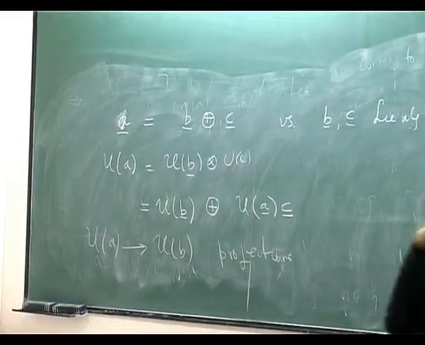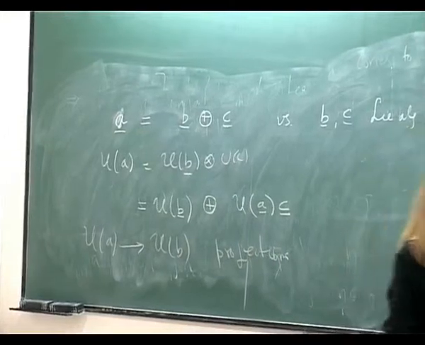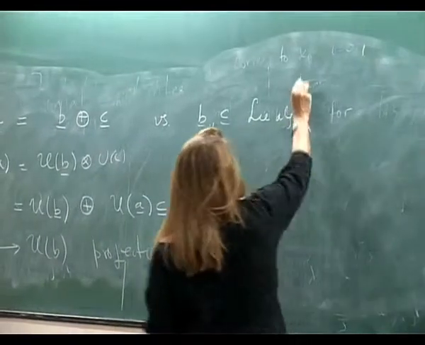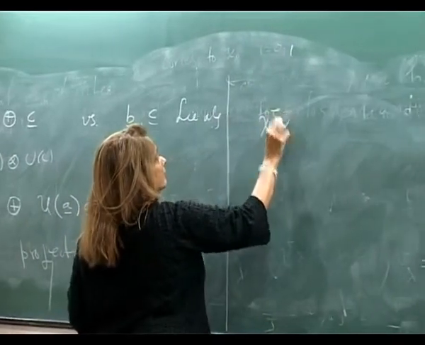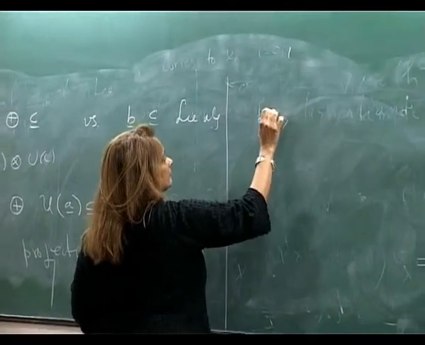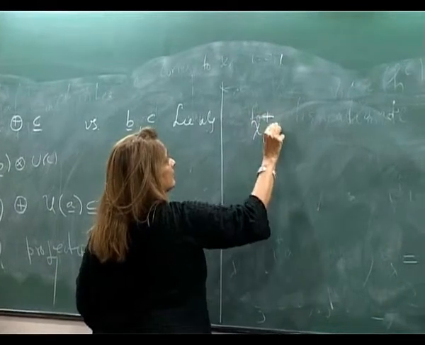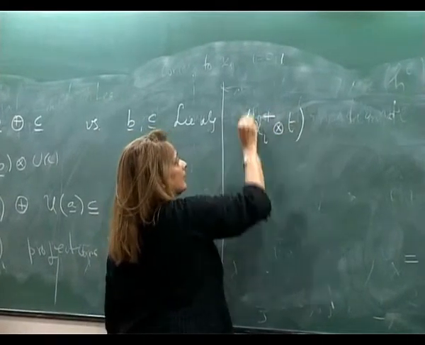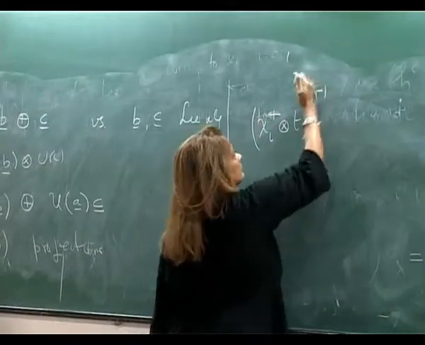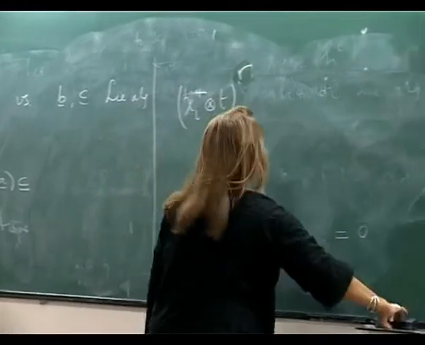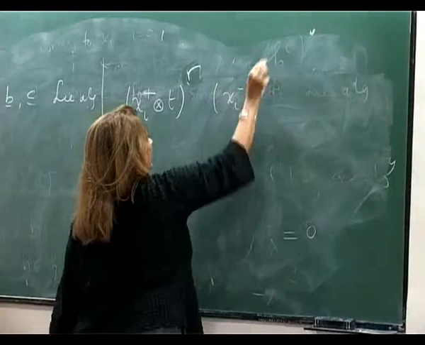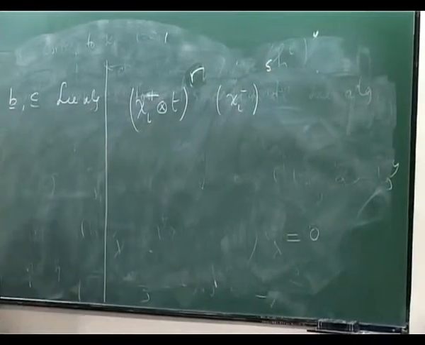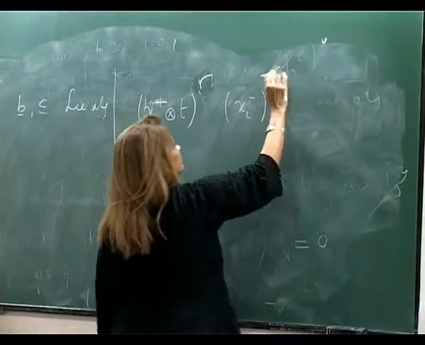And then, so this is what I want to do. So in my context, what I want to do is to look at the element xi minus plus tensor t power r. I don't want to write divided powers, power r, times xi minus power s. Yeah? No, same r.